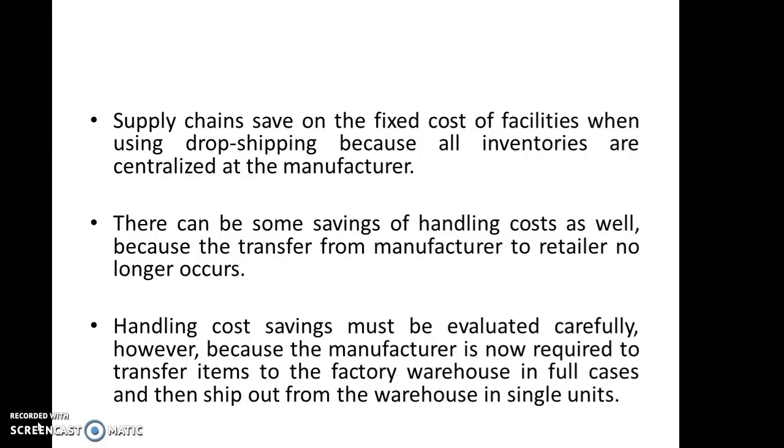But when we calculate the handling cost, we have to evaluate very carefully, because now the manufacturer has to ship the products from the factory warehouse to the customer directly, particularly in terms of single units. We already discussed that package carriers charge more cost to transfer the product because the transfer happens in single shipments.